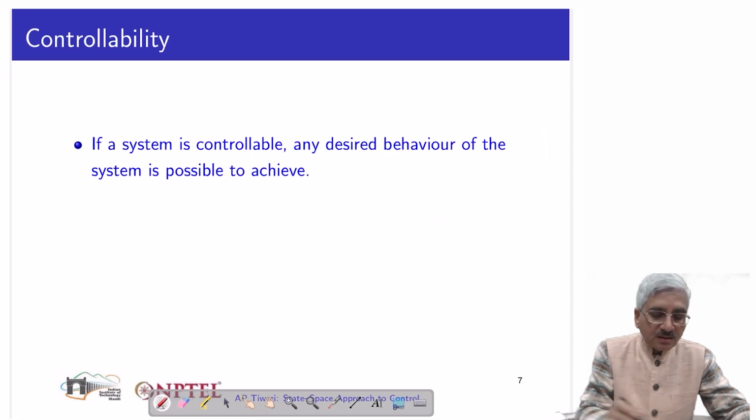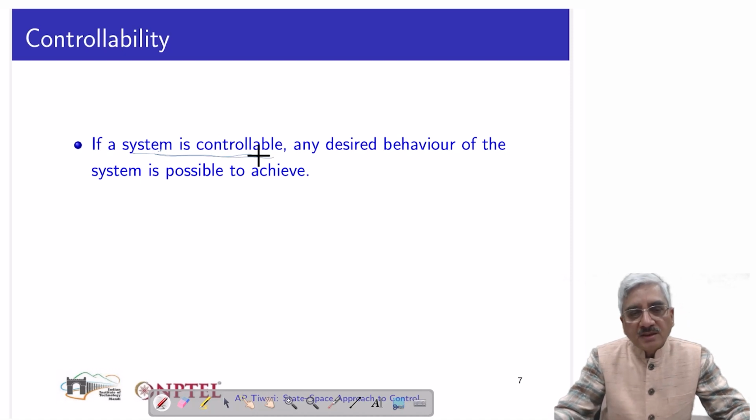If a system is controllable, what is the benefit? We will see subsequently that controls can be designed to meet all the various kinds of specifications only if the system is controllable. So it's a kind of guarantee.